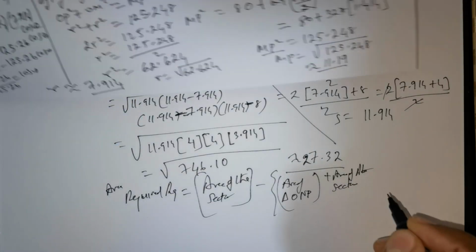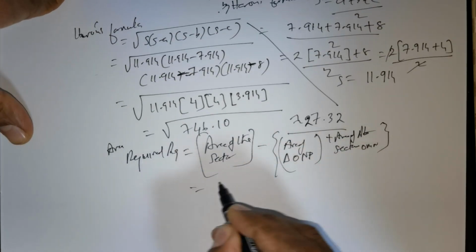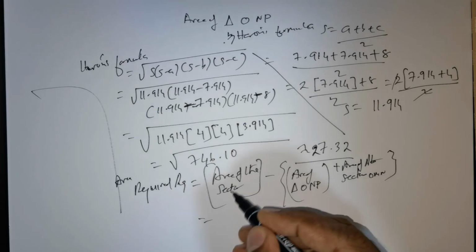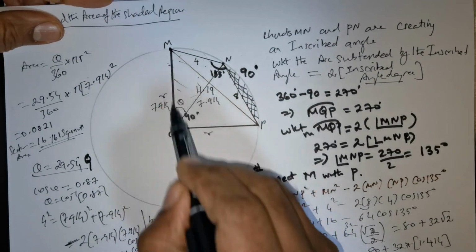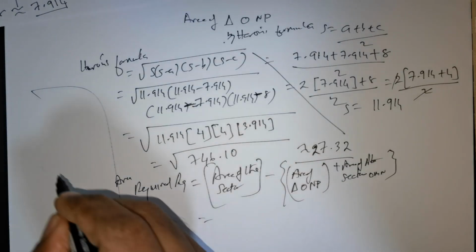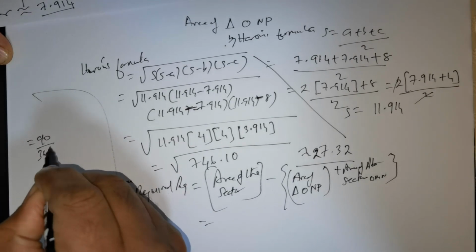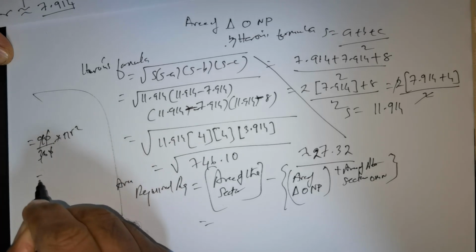So what is the sector? Sector is OMN. So this is equal to area of this sector. So I need to find area of this sector, right? Area of sector MOP or OMP. So that is going to be, let me write that down. Theta is 90 divided by 360 times pi r squared. So 9 divides here 4 times.